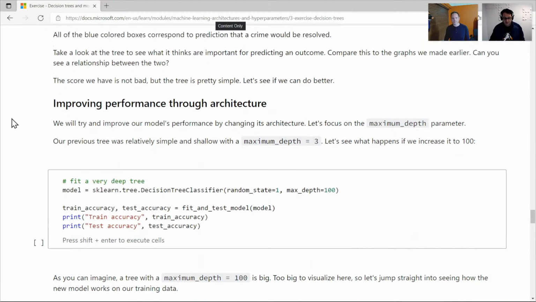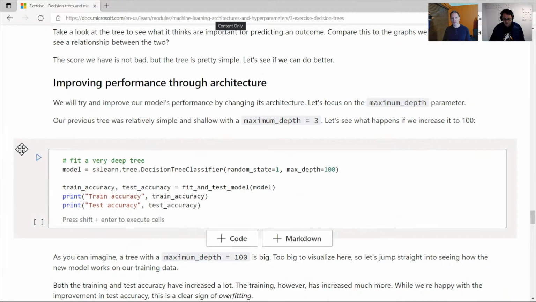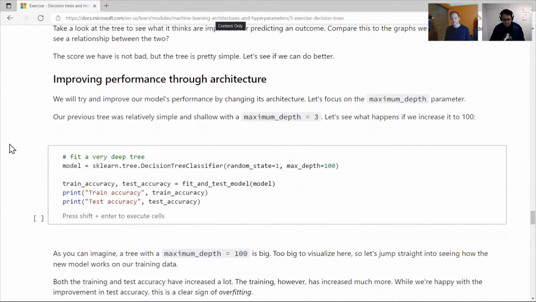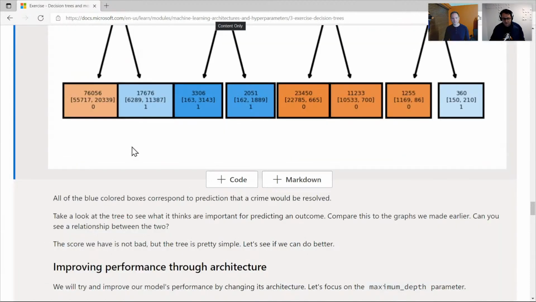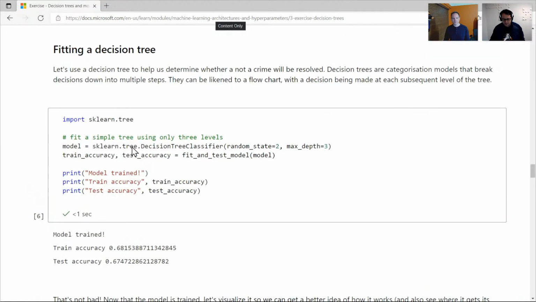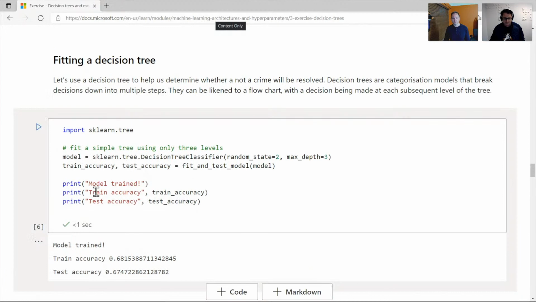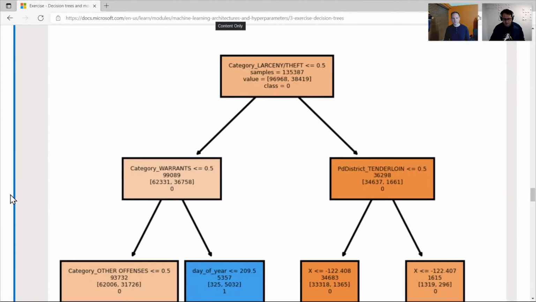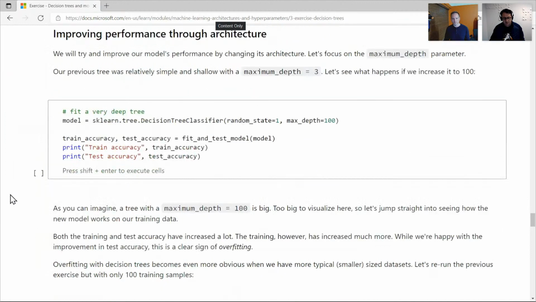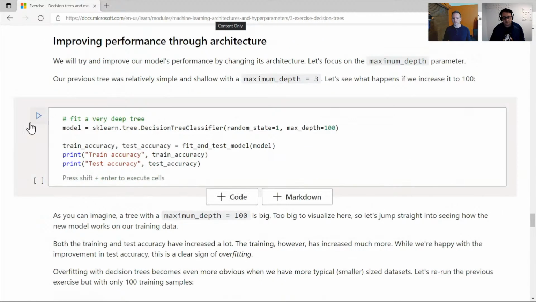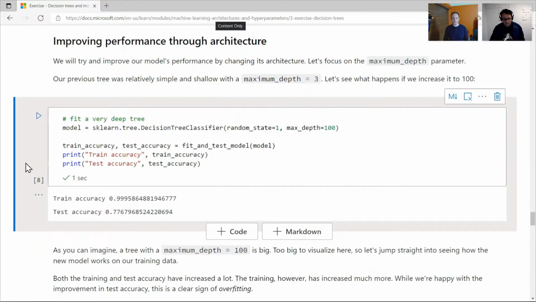Awesome. So let's have a look at the decision tree classifier again, because if we looked at the last code block, I think we only went to 3 depth levels. But what if we trained it on 100 depth levels? I think that would be a tricky thing to visualize, but we can certainly go ahead and run that and then see what the model's like. And if we look at the data here, we've actually had a jump.